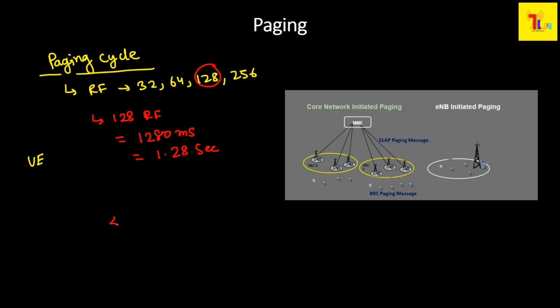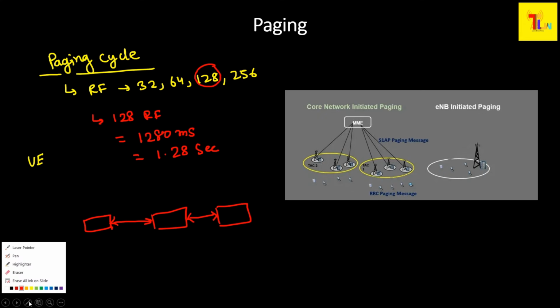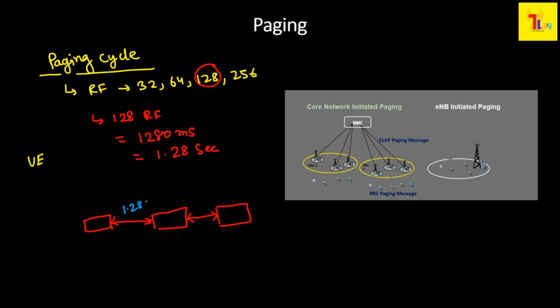So suppose this particular duration, then a radio frame is there, and then this particular duration. Let me color it, this is your 1.28 seconds, and this is what we call a paging cycle.